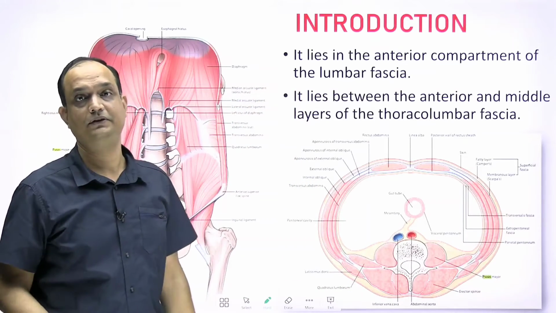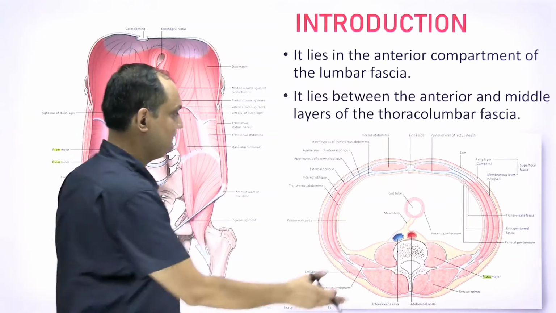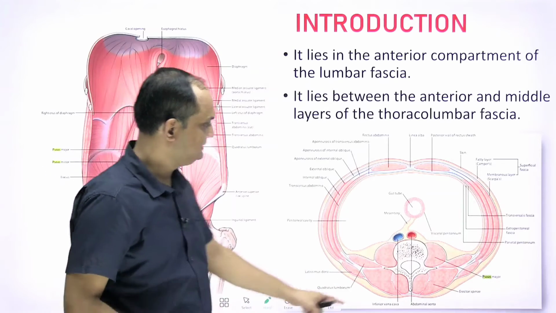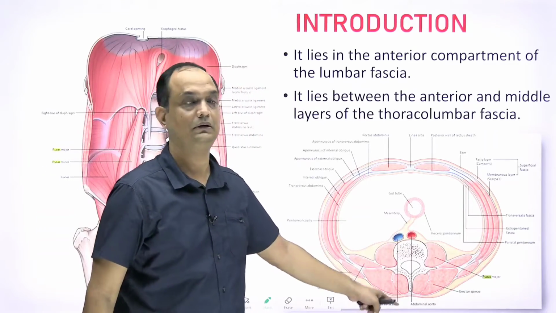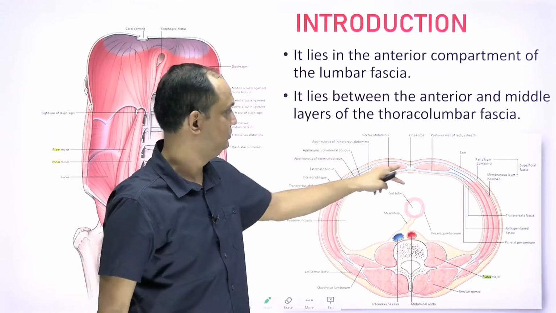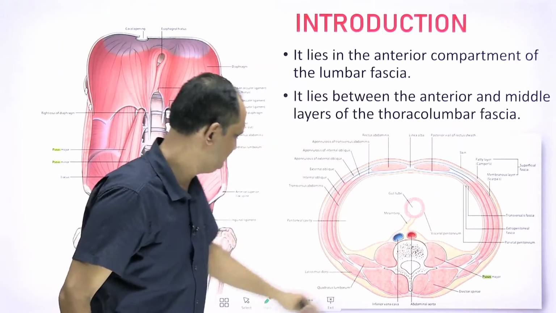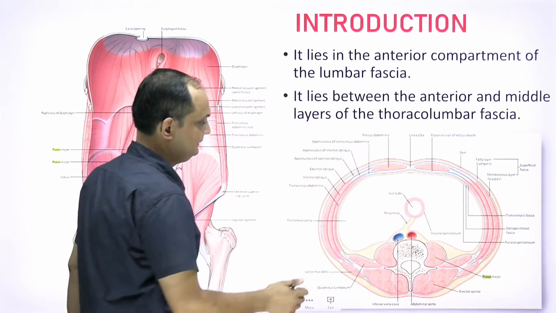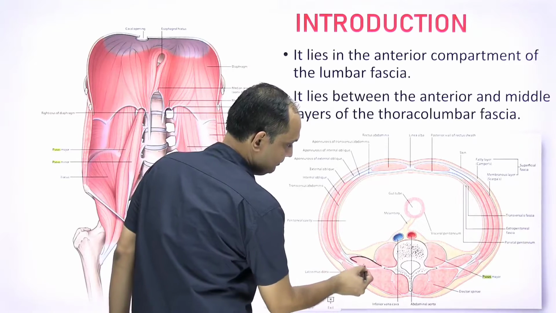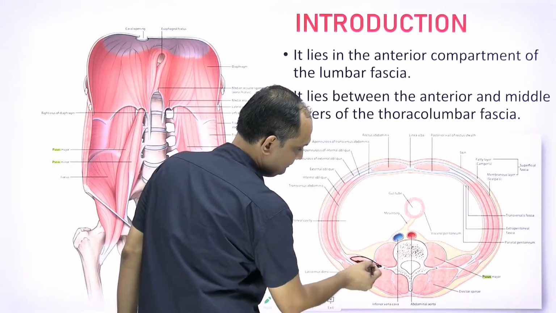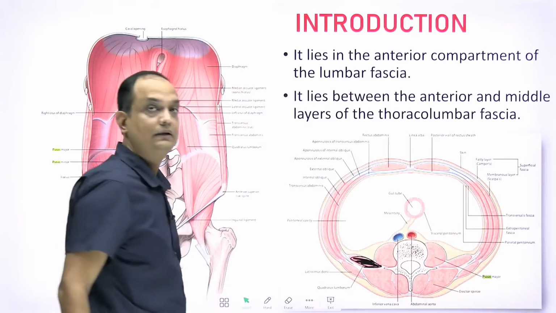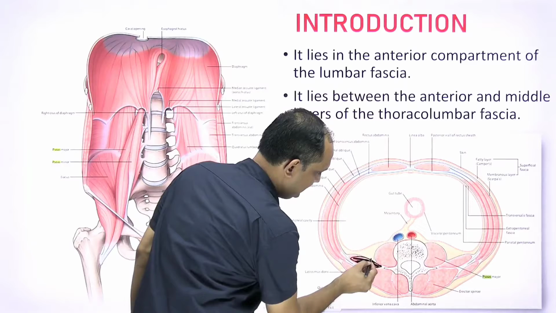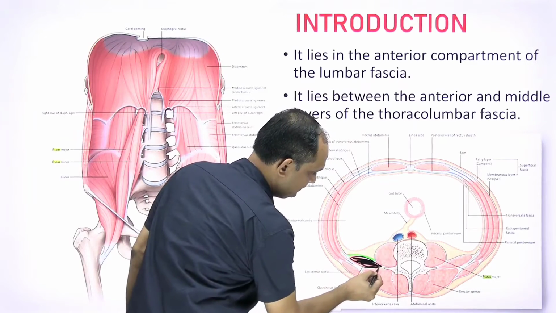Now where is the lumbar fascia or thoracolumbar fascia? This is the transverse section of your abdominal cavity. In this transverse section, this is the posterior side where you have the vertebral column, and this is your anterior side where you can see the two rectus abdominis. On the posterior side, if you trace the quadratus lumborum muscle, this is your quadratus lumborum muscle, and it is covered by fascia. This is the anterior layer of the fascia, this is the middle layer, and this is the posterior layer.